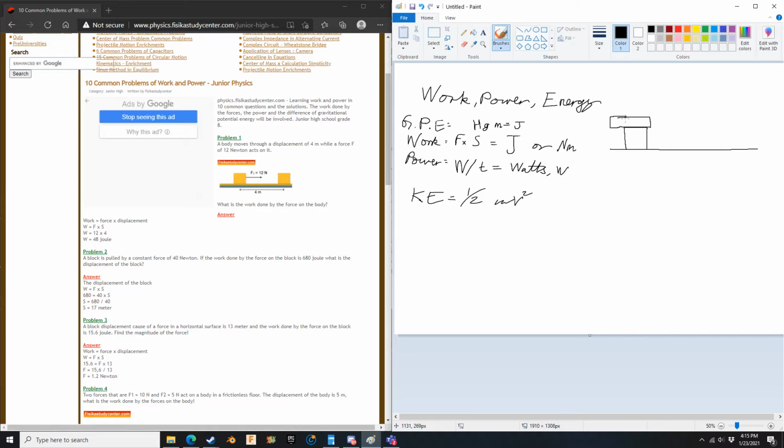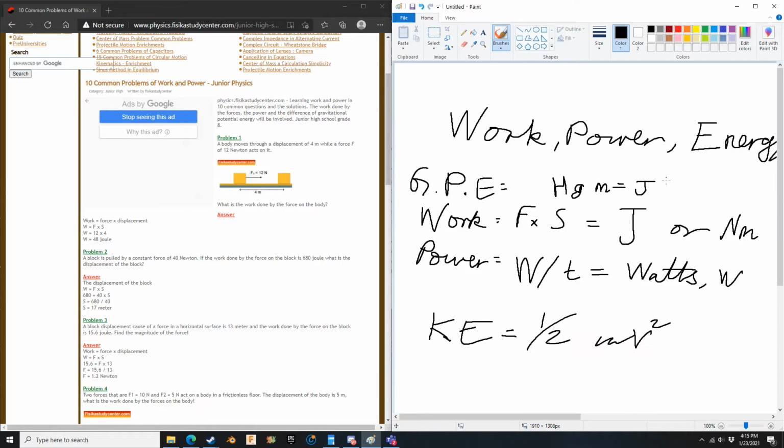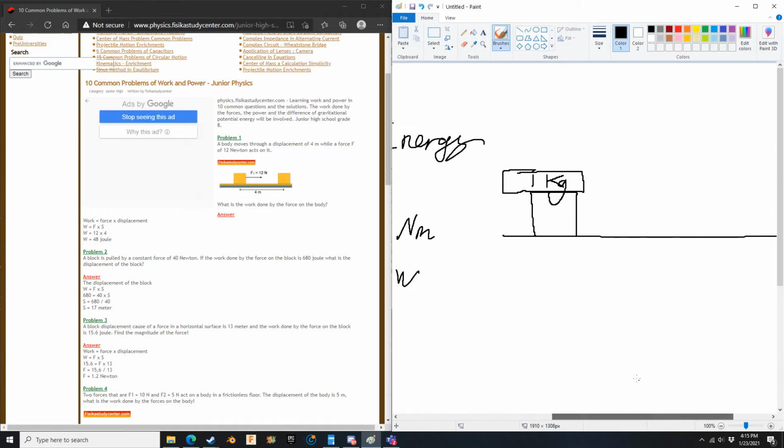So this box is going to be 1 kg. Let's zoom in. 1 kg, and it's going to be 1 meter high. And of course, since this is MYP, gravitational acceleration is equal to 10 meters per second squared.